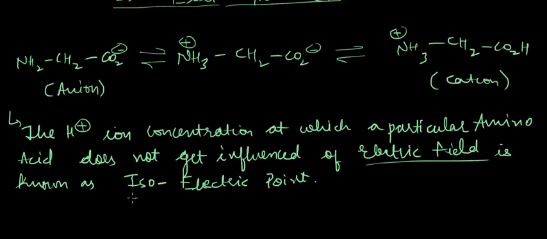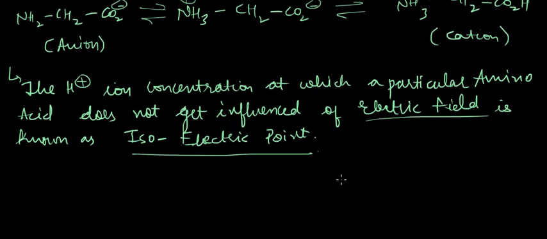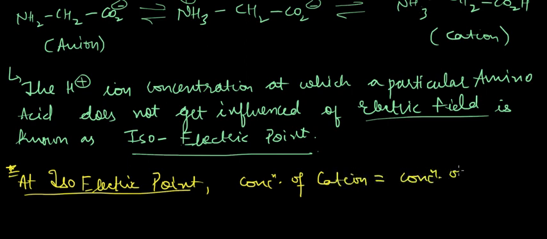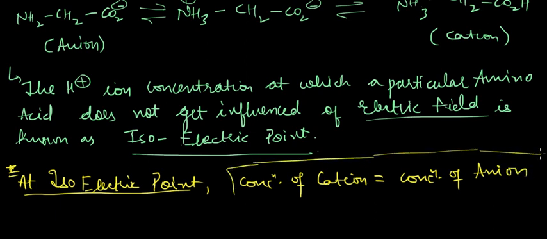So at isoelectric point, the concentration of cation is equal to the concentration of anion. That's why it doesn't get influenced by the electric field applied on top of it.